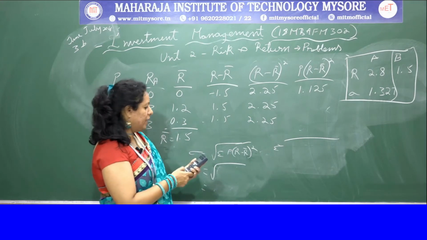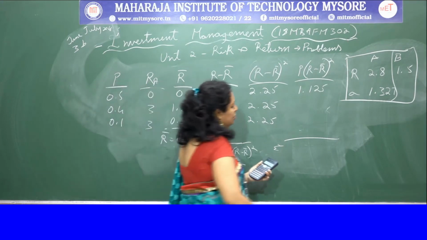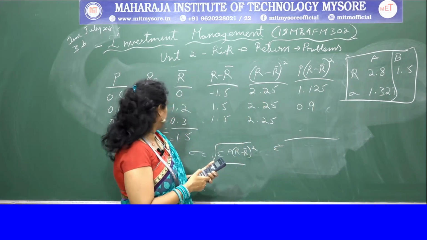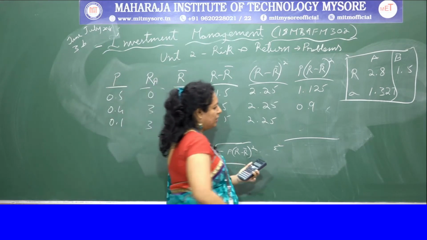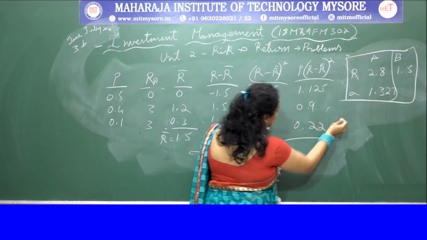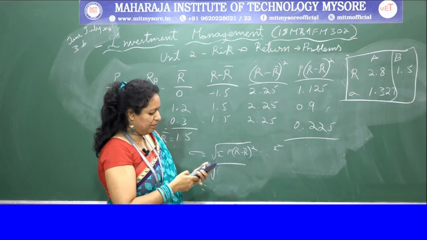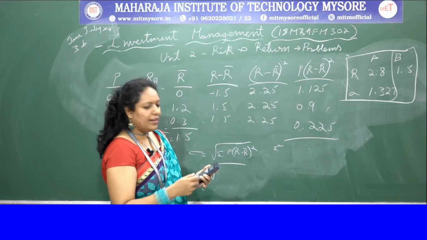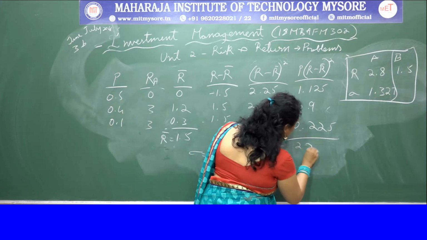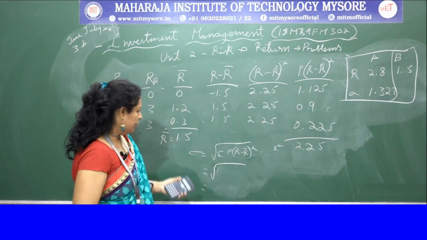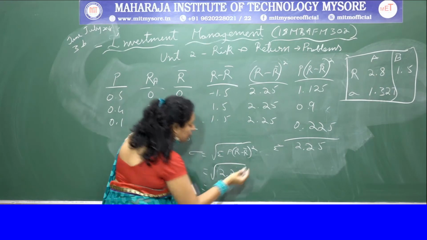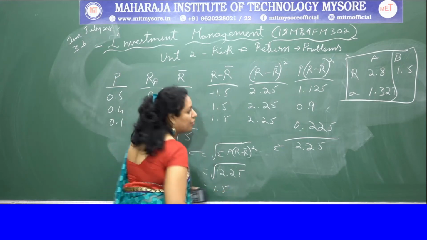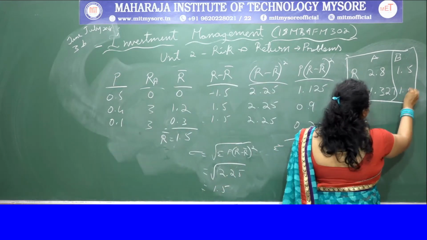So 2.25 into 0.4 is 0.9, and then 2.25 into 0.1 is 0.225. Let's add all of them, plus 1.125, you get 2.25. Once you get 2.25, press root, and the answer you get is 1.5. So your risk of security B is 1.5.